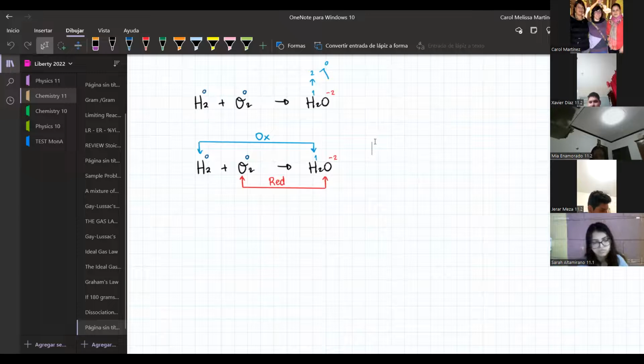And just for everyone to have a clear understanding on this, remember that we do the redox part with the half reactions, reduction being oxygen. And here, one important step.